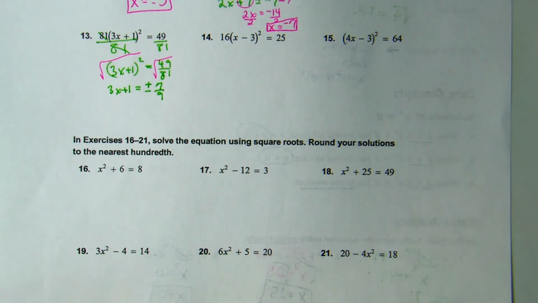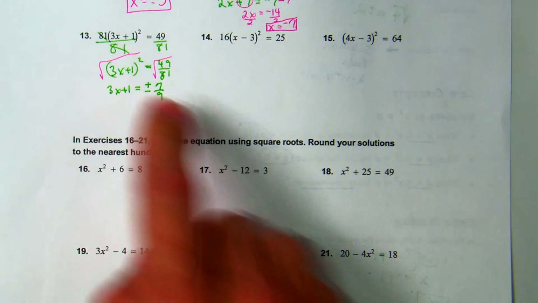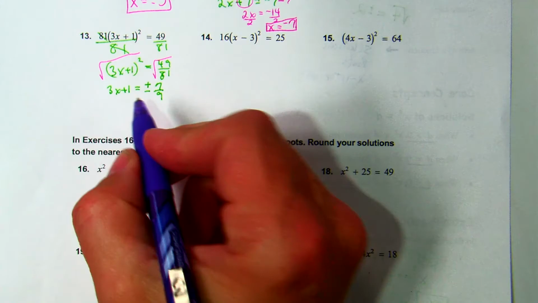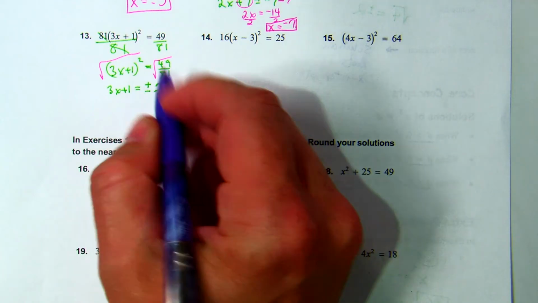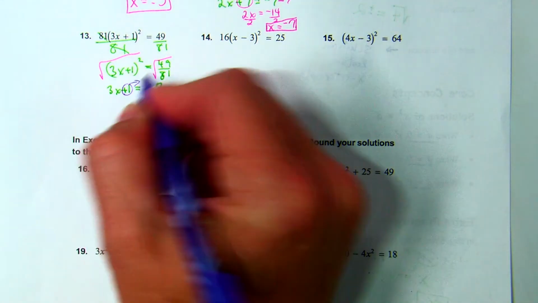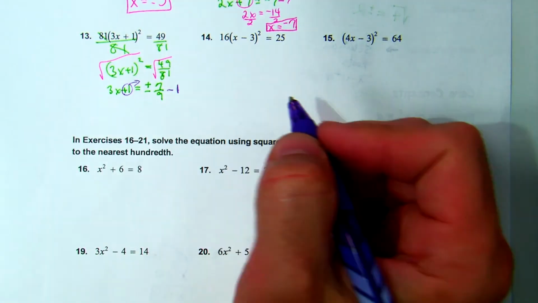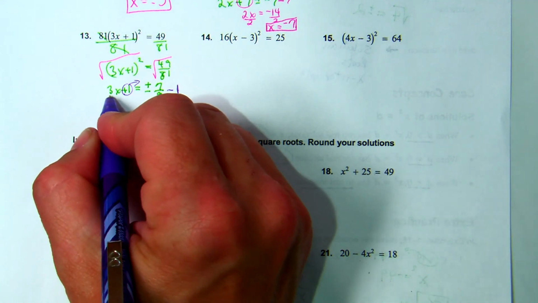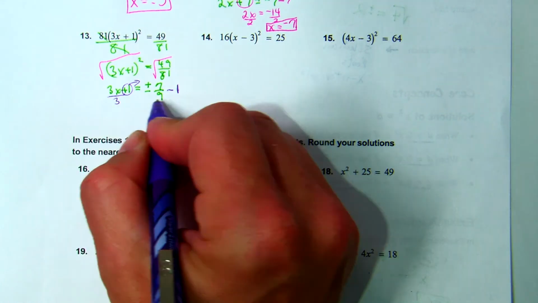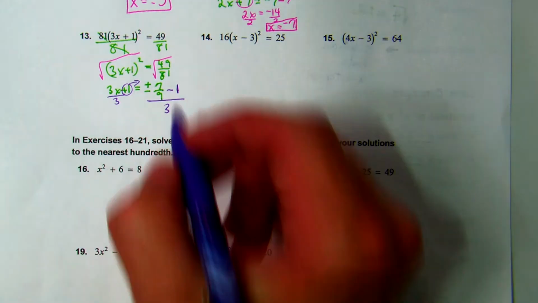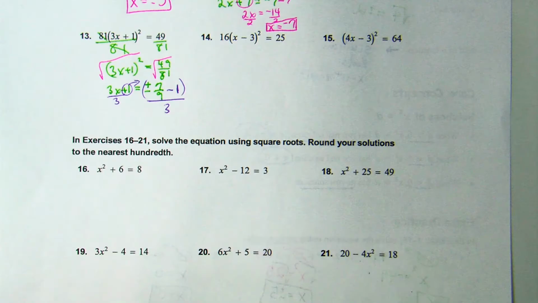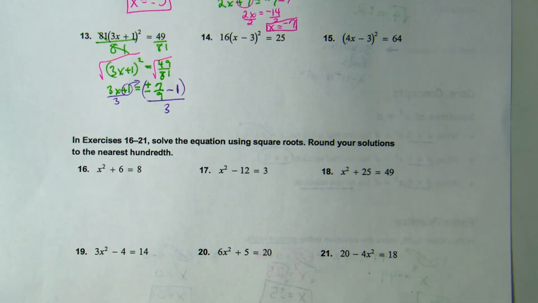Then I know to find x, I'd have to move the 1 across, so I'd have to subtract 1 from both sides. So if I move that across, I'm going to have minus 1. And then, to find x, I'd have to divide the whole thing by 3. If I use a calculator, this would probably be pretty easy.